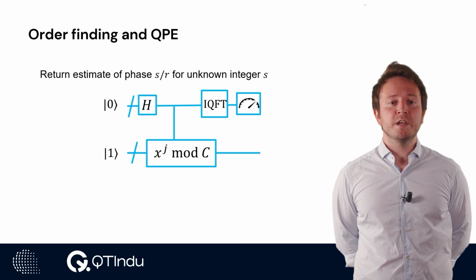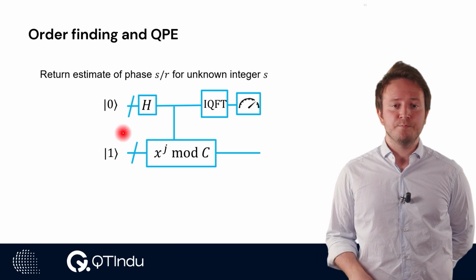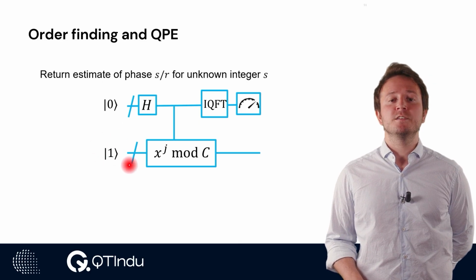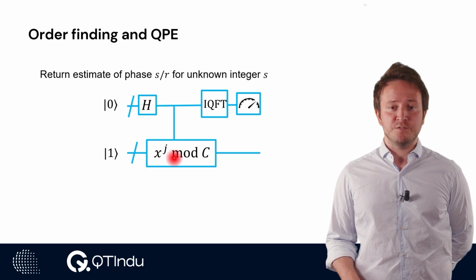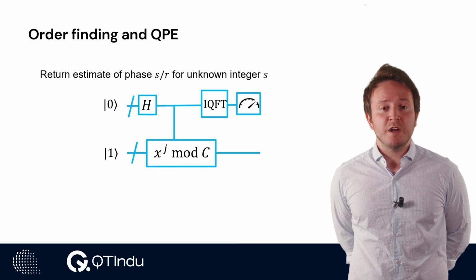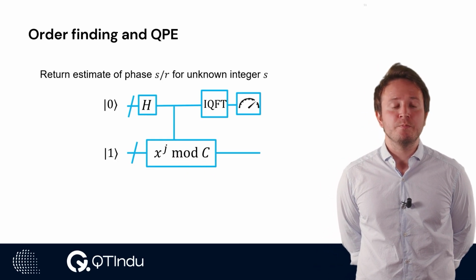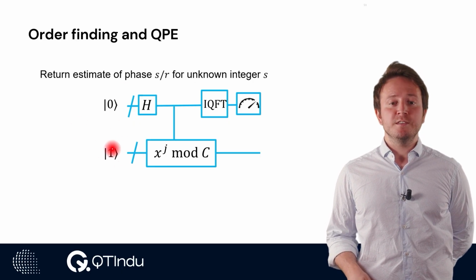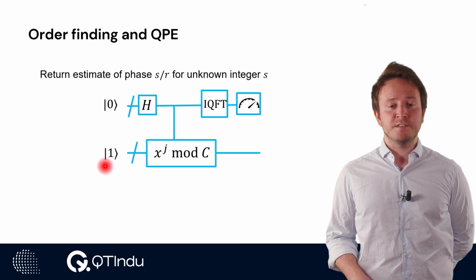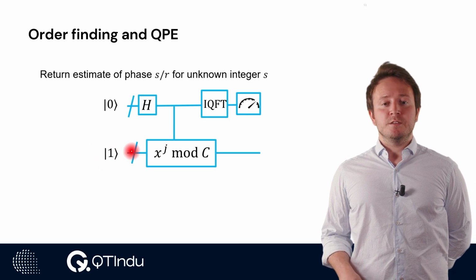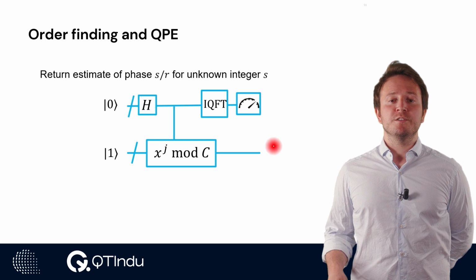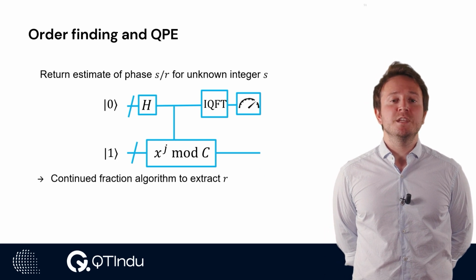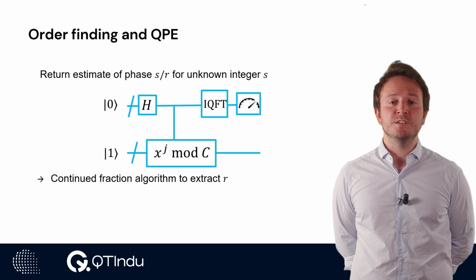So now that we have an input state that is a combination of all the eigenstates of the unitary that we want to use, which is x to the power j modulo c, we are ready to go. We can apply the quantum phase estimation with this input state, and at the end of the day, extract an estimate of the phase s over r for some unknown integer s.